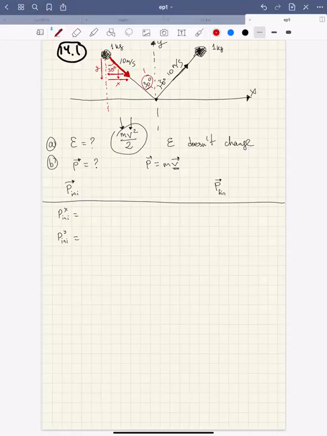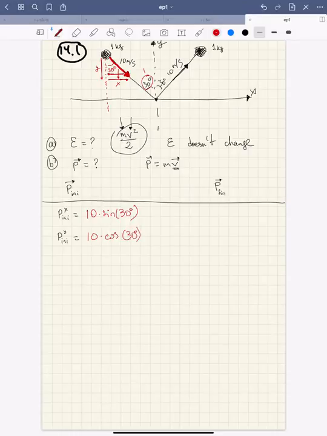So this means that my p initial x is 10 times the sine of 30 degrees because it's the opposite side, and p initial y is 10 times the cosine of 30 degrees.